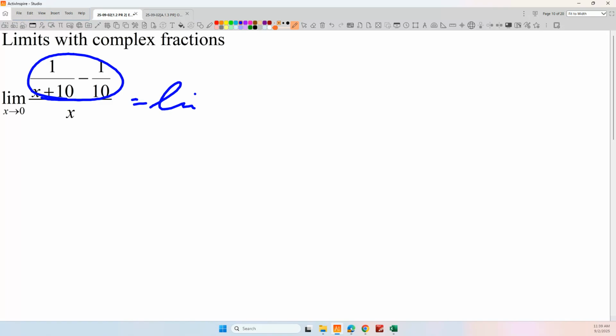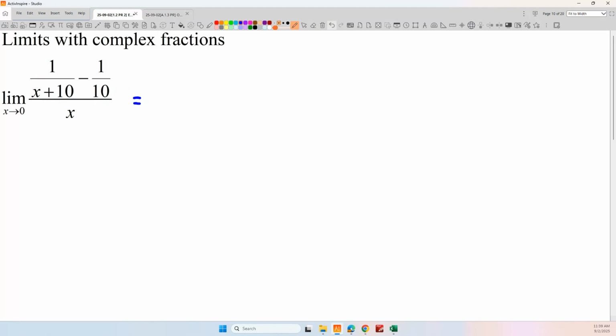And what do I do to simplify that? How do I add fractions? Common denominator. What's my common denominator going to be? 10 times the quantity x plus 10, right? How come? You have to multiply it to get common denominators. We know the least common denominator is going to be the least common multiple of the denominators.